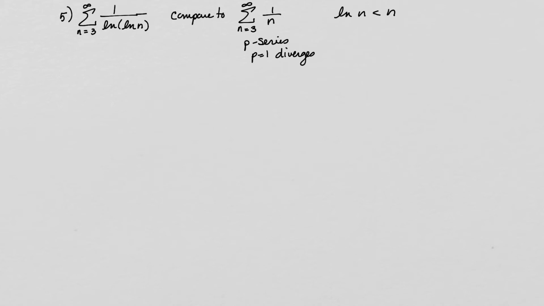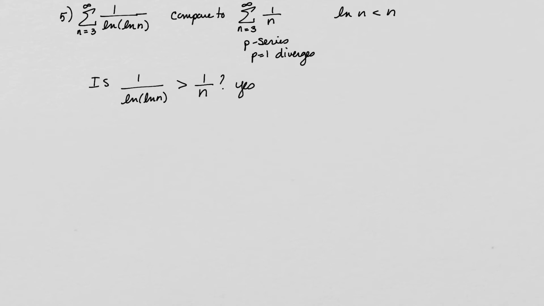And so I want to ask myself, is 1 over the natural log of the natural log of n going to be bigger than 1 over n? Since the series I'm comparing to diverges, I need my series to be bigger. And the answer is yes.